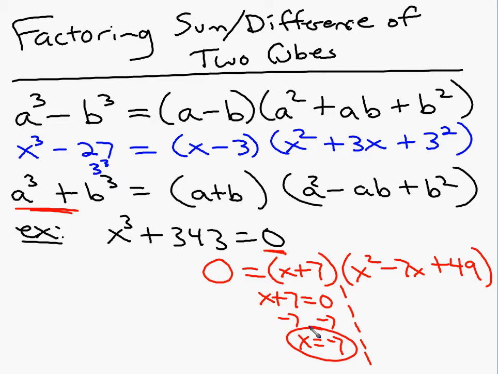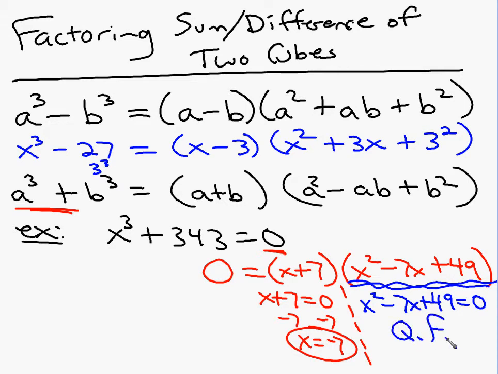Now the next thing I'm going to tell you a little hint. This thing over here, this quadratic, when I set this equal to 0, it will never factor. You're going to have to use the quadratic formula. So anytime you're doing these sum or difference of cubes problems, this little piece over here, you're going to have to use the quadratic formula every time.